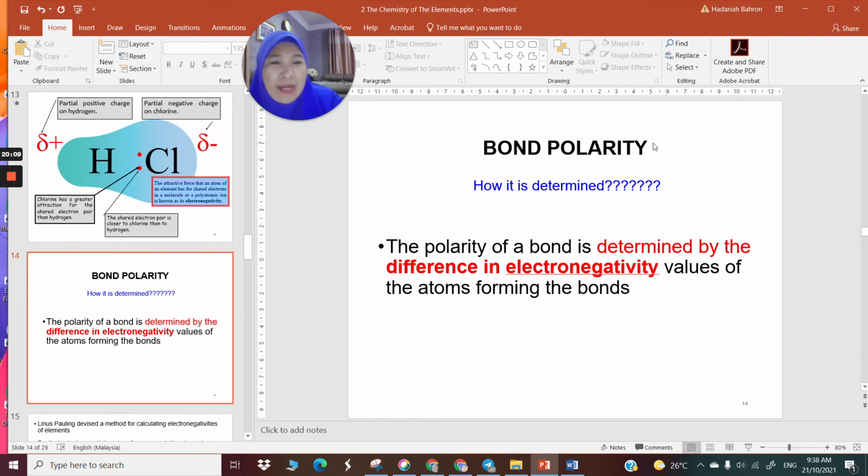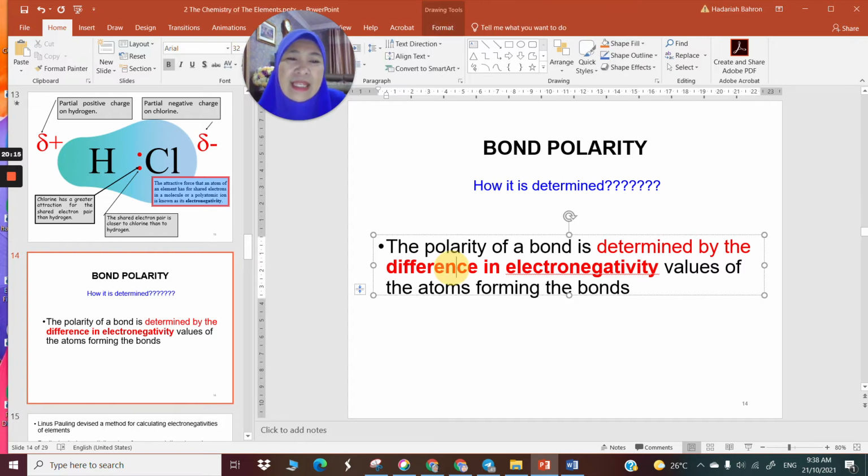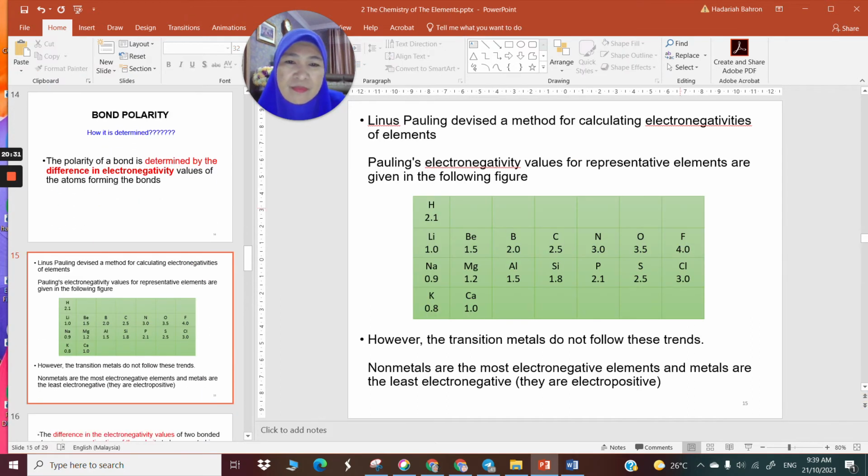So the polarity of a bond is determined by the difference in electronegativity values of the atoms sharing the bond. When you look at Pauling's values, like I was telling you, you look at the difference between the two and you can determine what type of bond will be formed.